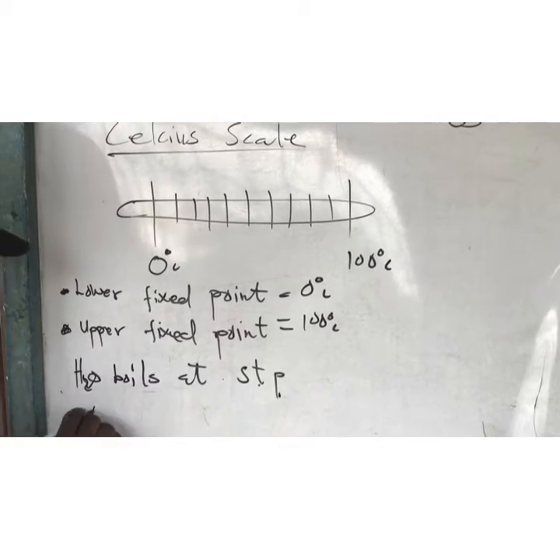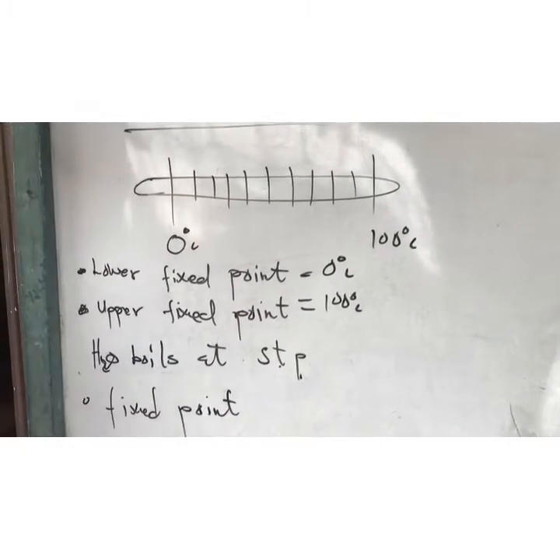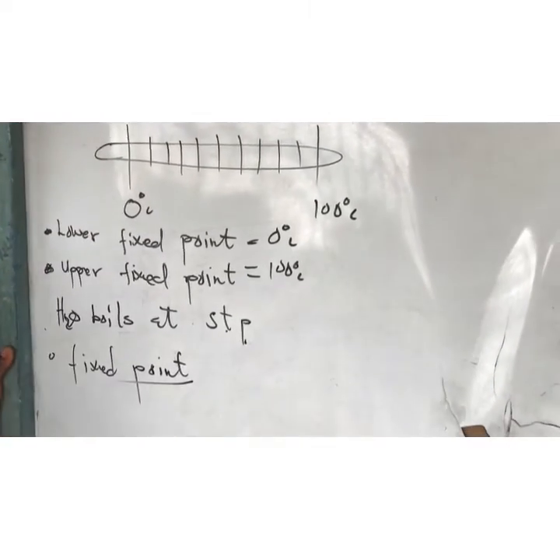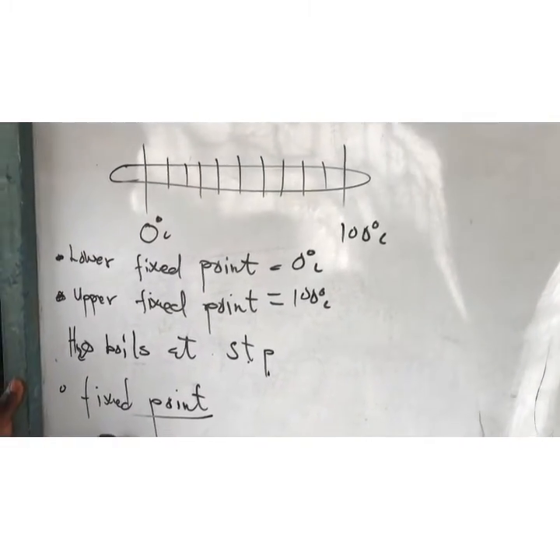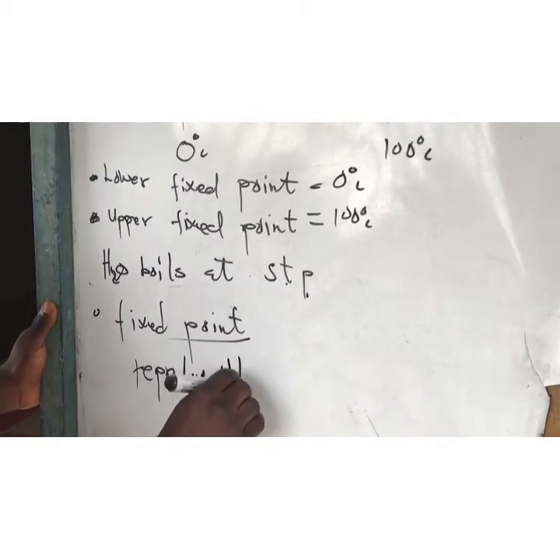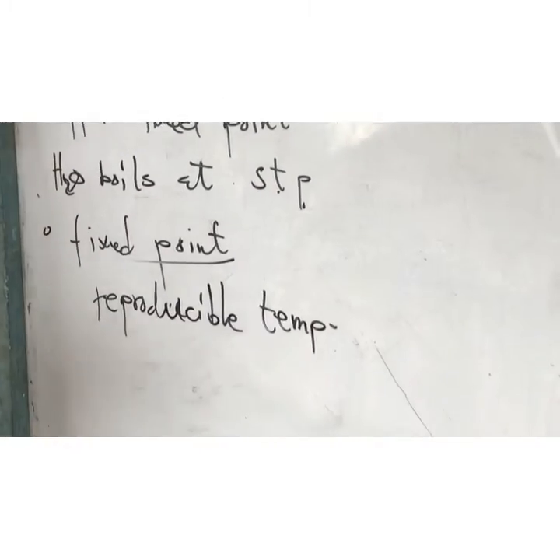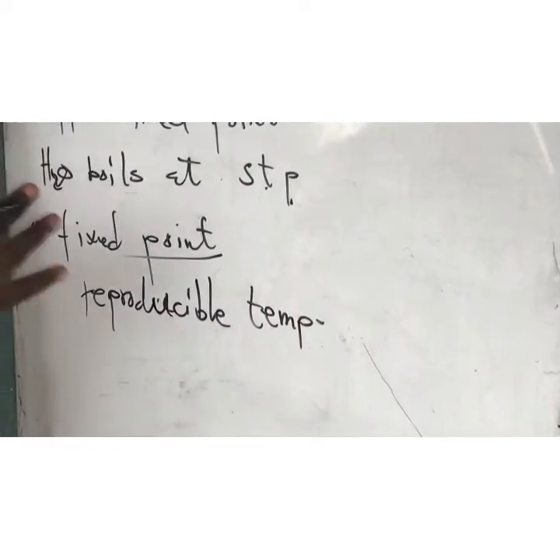Now let's look at the fixed point itself. What do we mean by the fixed point? When we talk of fixed points, they are reproducible temperatures which are used to calibrate a thermometer.